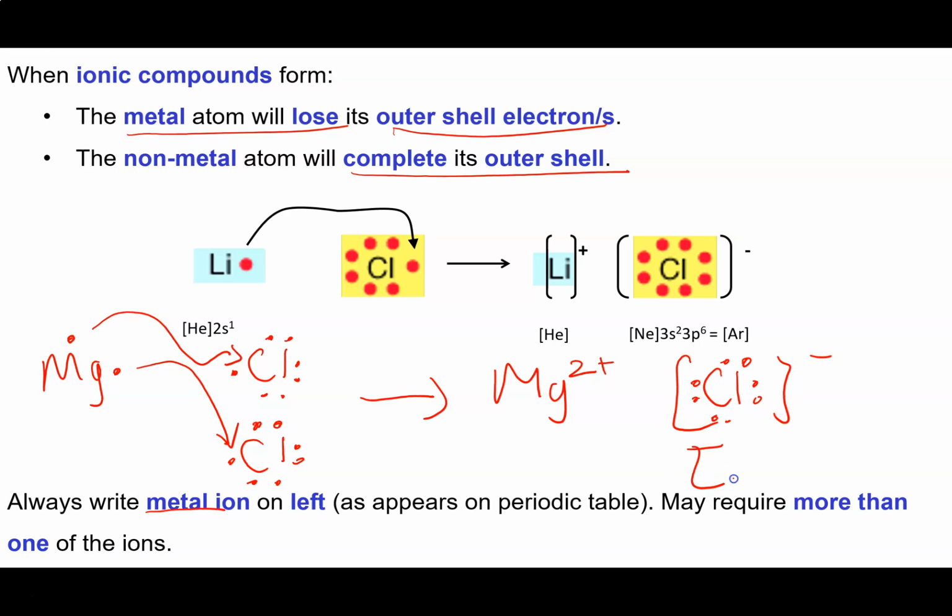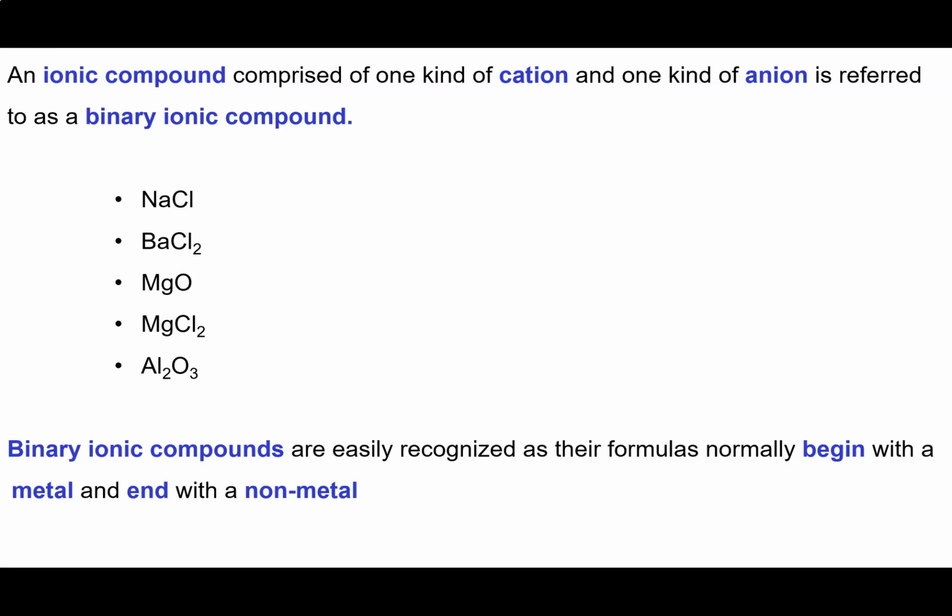They each gained 1 electron, so they have a negative charge, and then we might finish this off by writing MgCl2. So this is what I'm talking about here. You might have to stack one or more atoms and ions on top of each other in order to write out correctly how the electron transfer occurs. So keep that in mind.